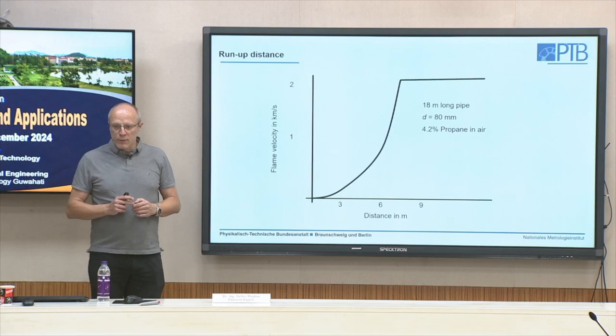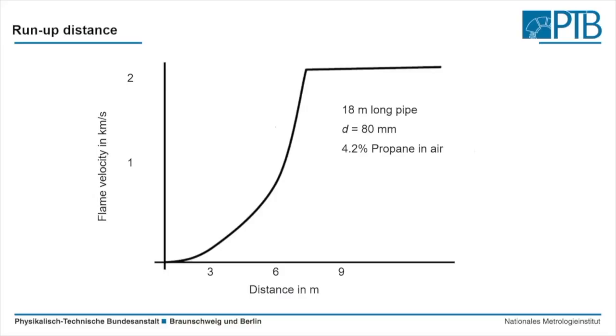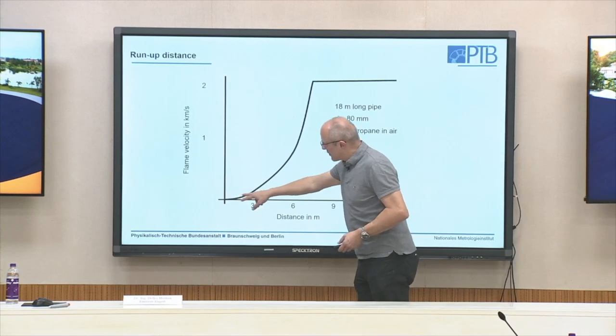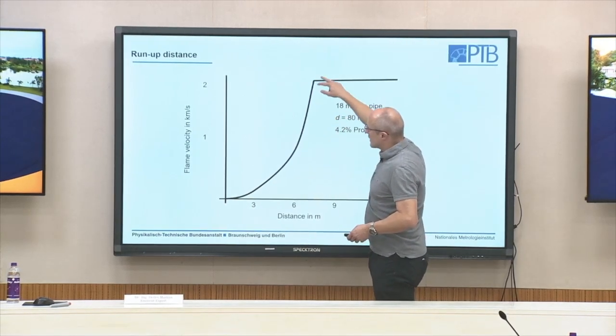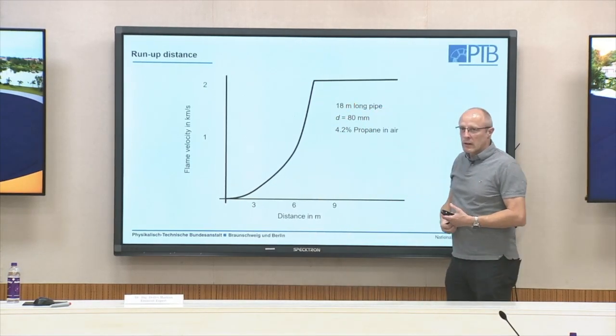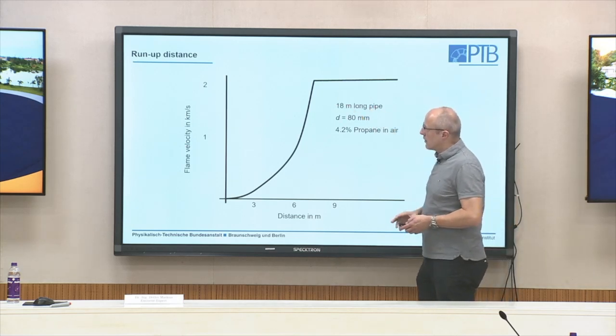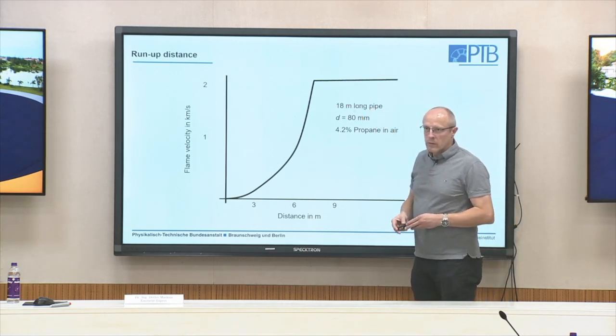And here we see an example for propane. We have an 18-meter long pipe with a given diameter and a given mixture composition, and you see that the flame accelerates over 6 meters until we finally reach the detonation.